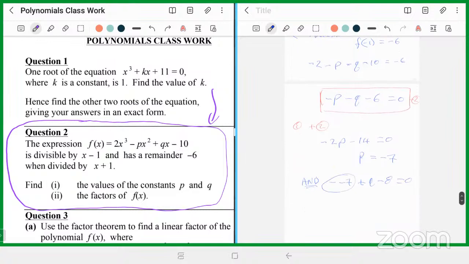This minus makes it a plus 7. 7 minus 8 is negative 1. Negative 1 transposed over becomes positive 1. And so q equals positive 1. Those are my values for p and q. Those are my answers right there.